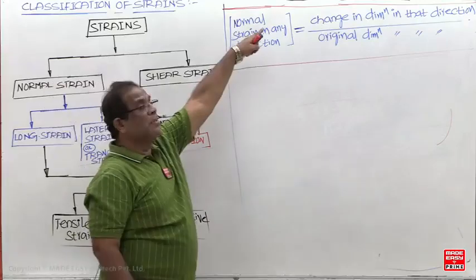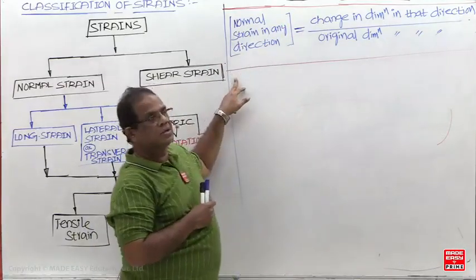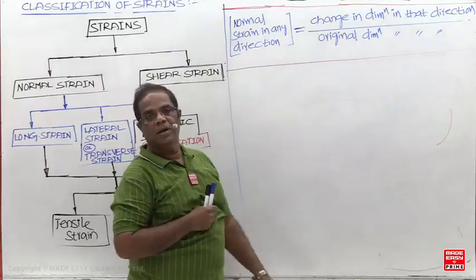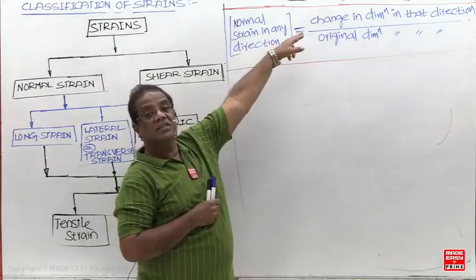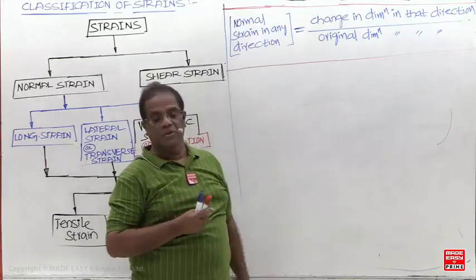If you go for volumetric strain, what you read is change in volume to original volume. If the change in dimension is positive, then this is a tensile strain. If the change in dimension is negative, it is compressive.